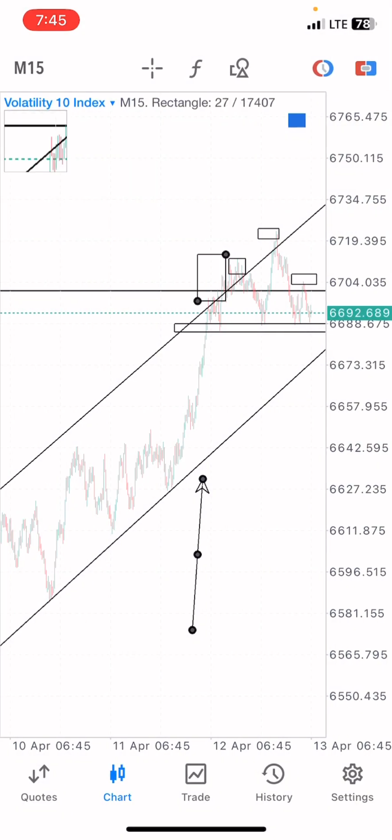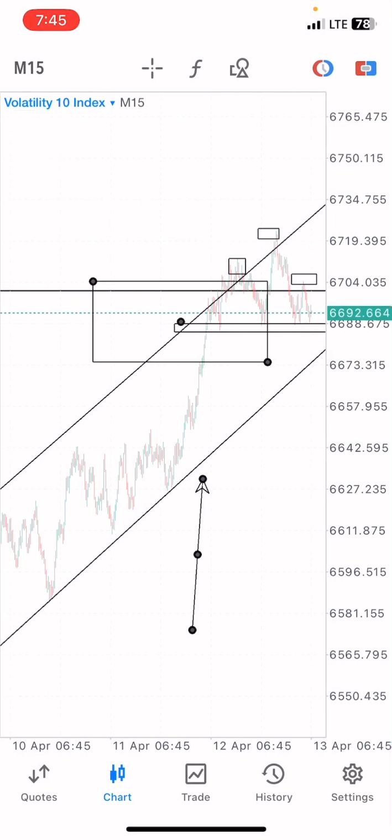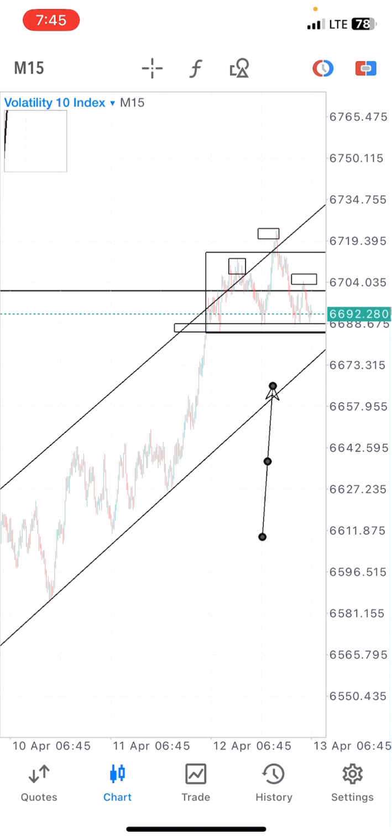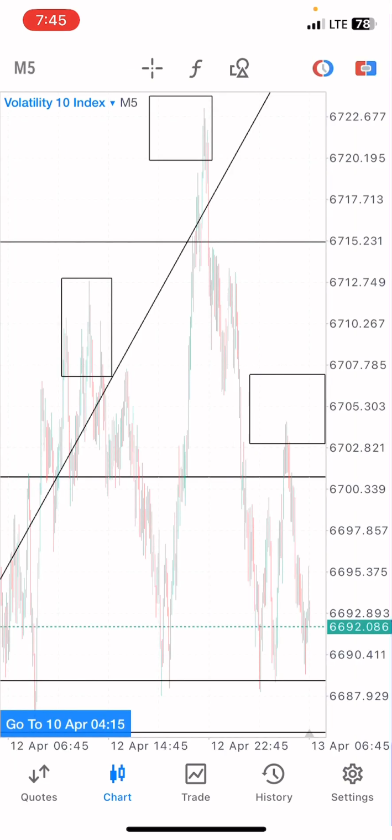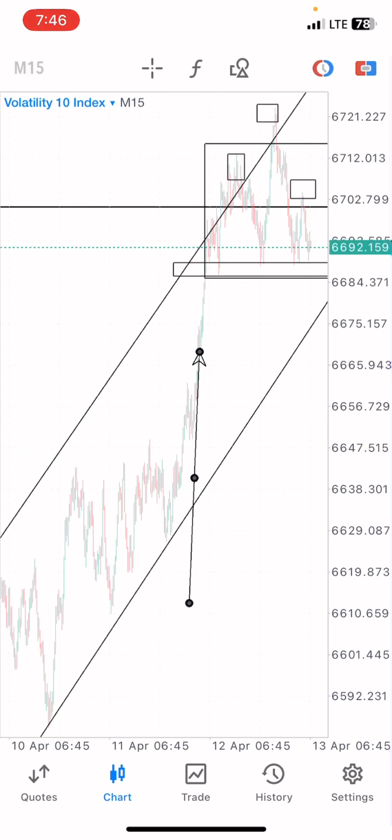Wait, no, let me spot the zone. The market is still trading inside this particular zone. So we can see that the market is yet to break this neckline, which is a level that we should pay attention to.